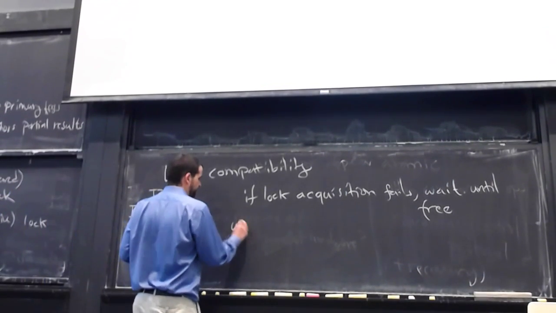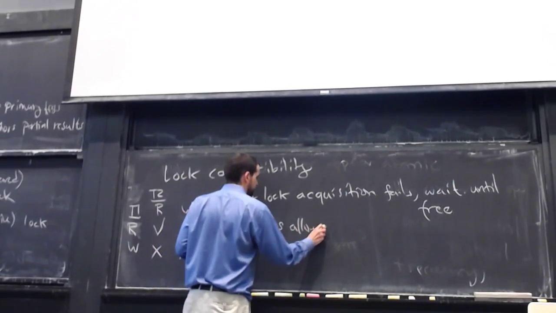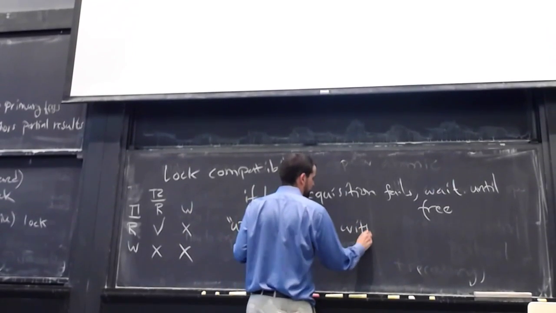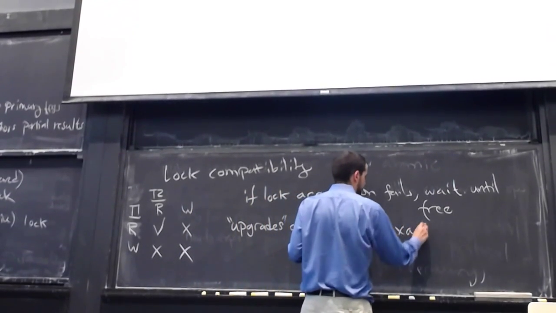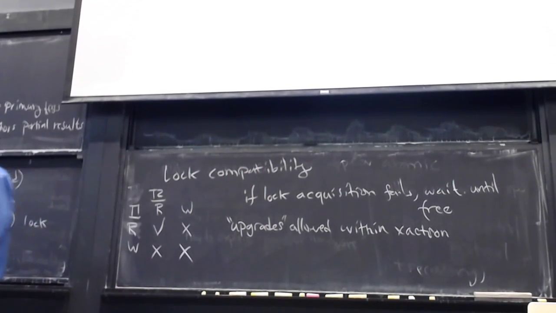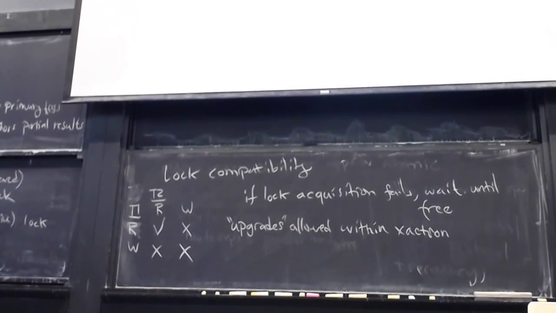Upgrades are allowed within a transaction. But if it has a read lock and somebody else has a read lock as well, it's not allowed to upgrade. It has to wait. Okay? So far so good.